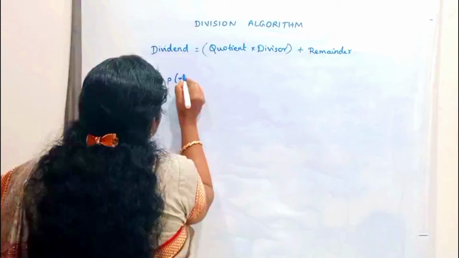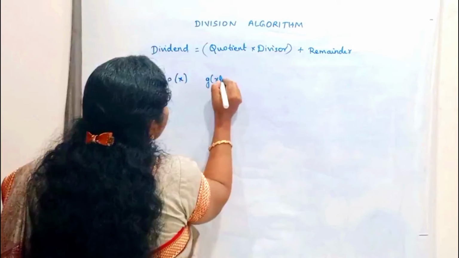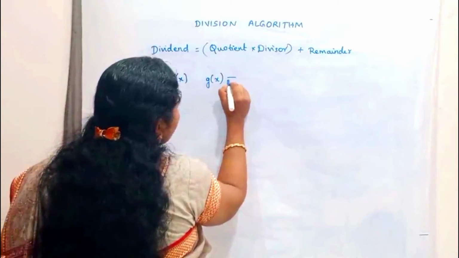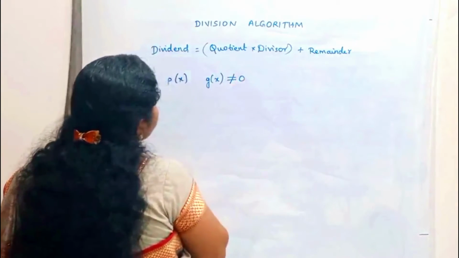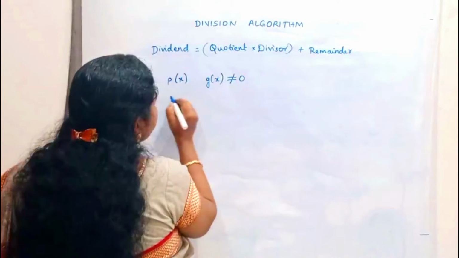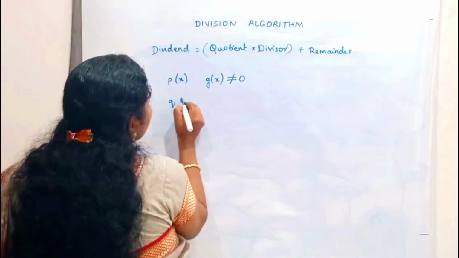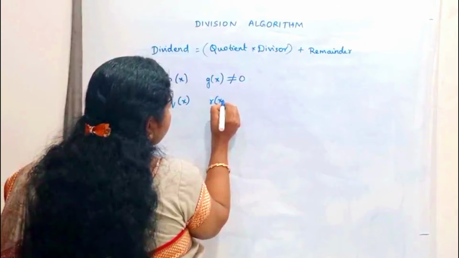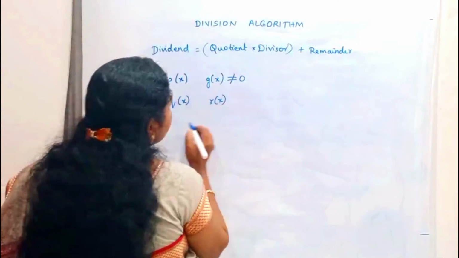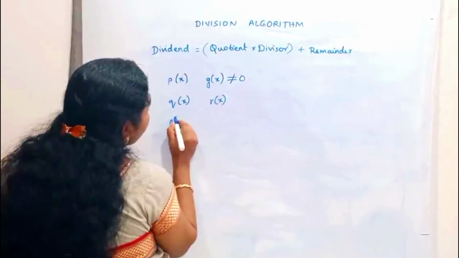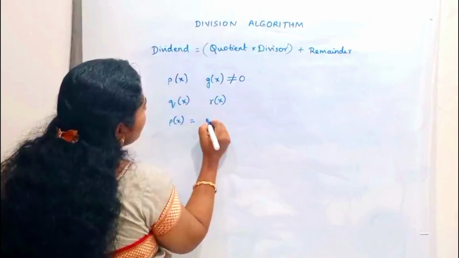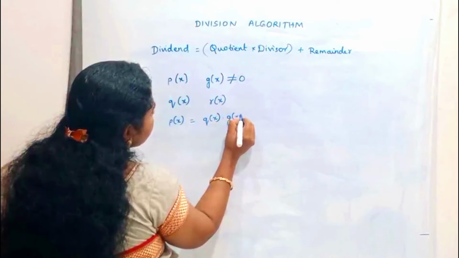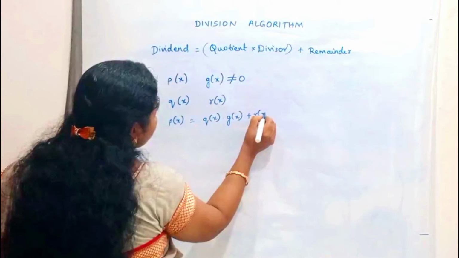Okay, now coming to the division algorithm, let p of x and g of x be two polynomials. g of x is not equal to 0. In this case, we can find out q of x and r of x that satisfy the condition p of x is equal to q of x into g of x plus r of x.